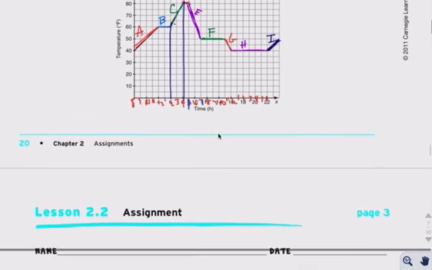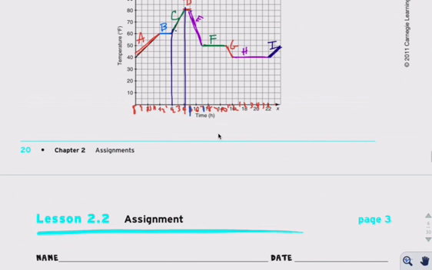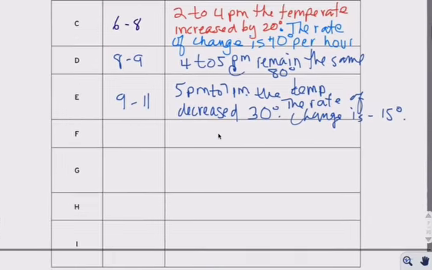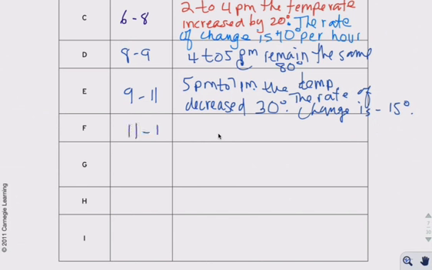Now letter F is a flat line, and that's between intervals 11 through 15. That is between 7 and 11 p.m. It's 4 hours.